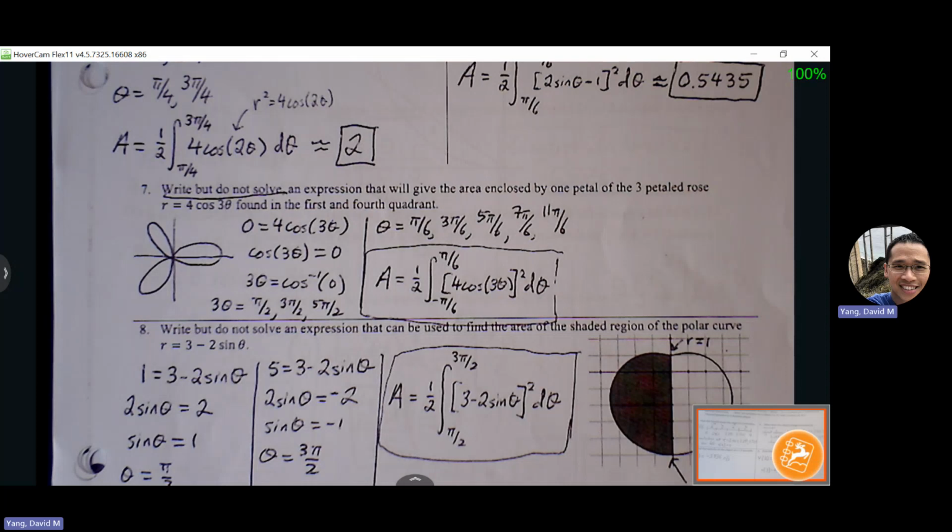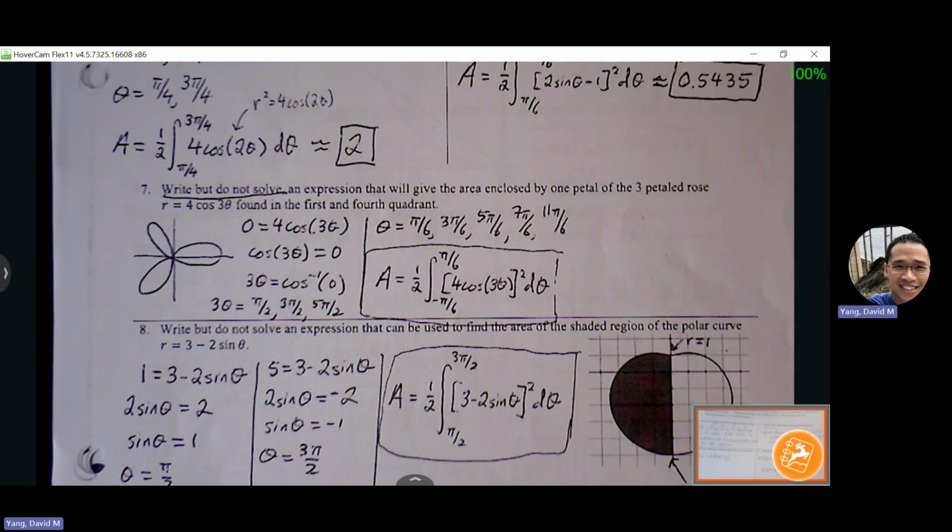Yeah, okay, there's no way. So here, first off, we know that fourth quadrant is 11 pi over 6, but this is too far away. It's not connected to pi over 6. So we can always subtract 2 pi from 11 pi over 6 to get to negative pi over 6, and that's fourth quadrant. If I plug these values into the calculator, negative pi over 6 is at 0, then 0 is going to be at 4, and then pi over 6 is going to be at 0. So if we start our graph here, it's going to sketch the graph from this portion on.